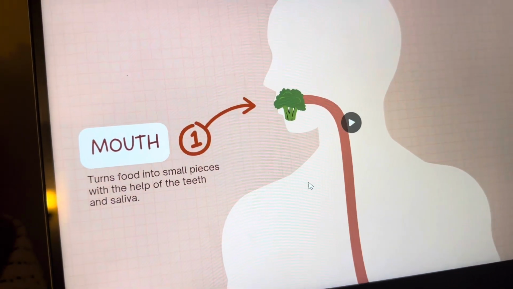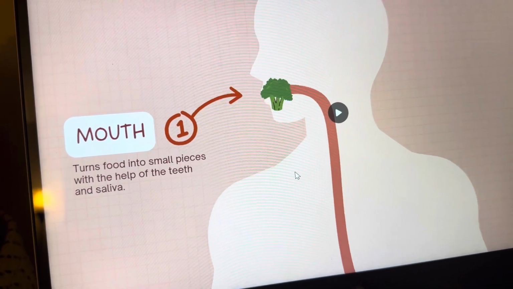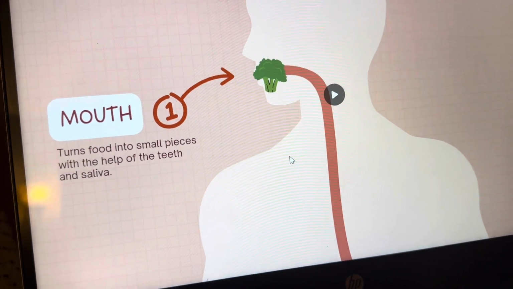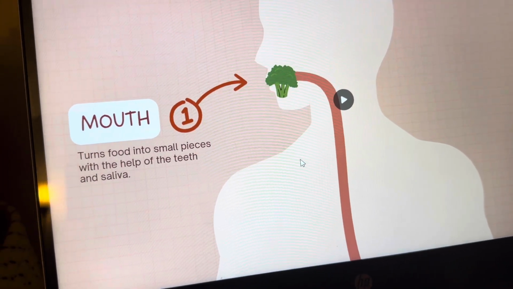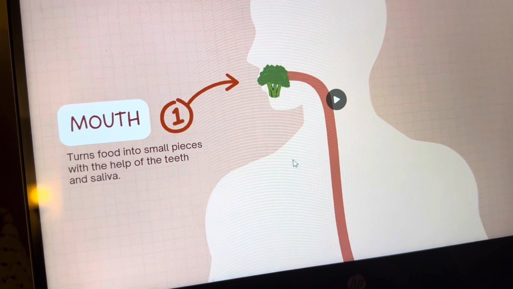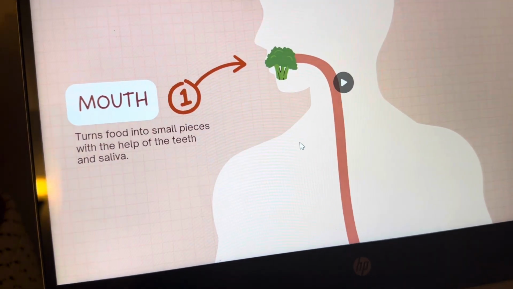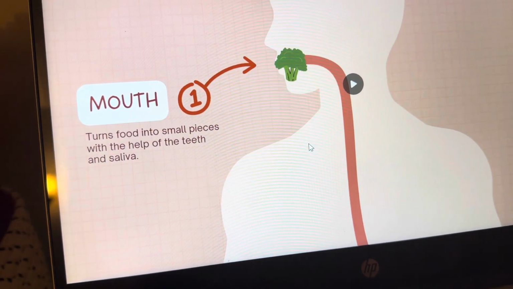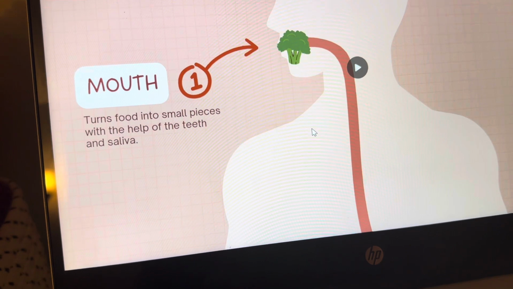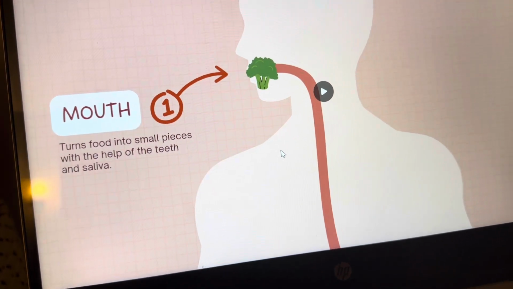So, the objective is to understand the process of how the food is traveling through the mouth, down the esophagus. We're going to learn about the gallbladder, the gastric juice from the stomach, and the pancreas, and how it releases enzymes. We're also going to learn about the liver.